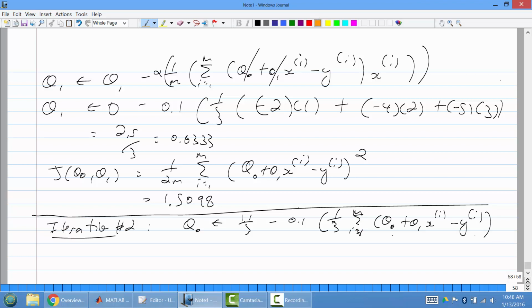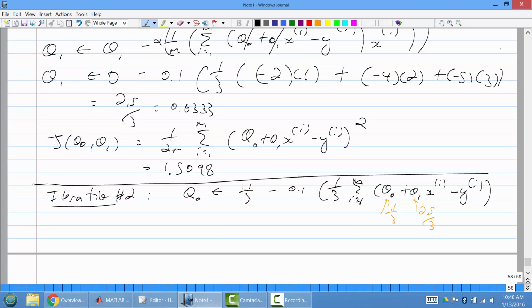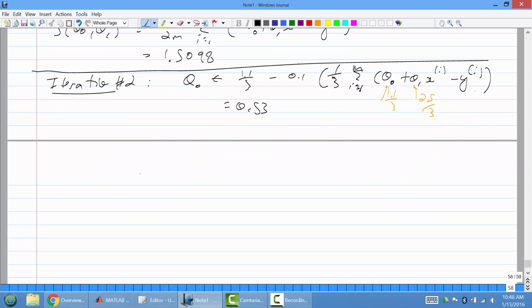This here was 1.1 over 3. This here was 2.5 over 3. So if you actually go ahead and compute that, if you sum that all up, I'll just put the final answer in. This is actually 0.53. We'll do the same thing. So theta 1, this is 2.5 over 3, 0.1, and then 1 over 3. Do this again.